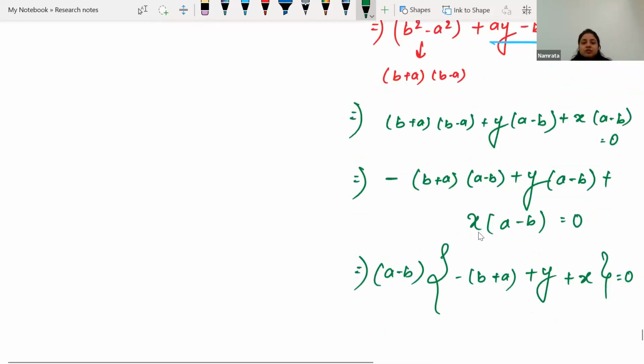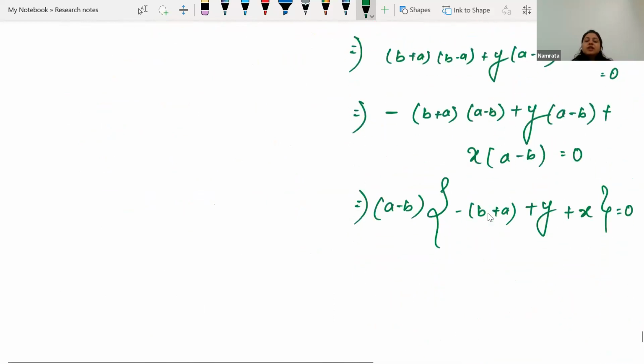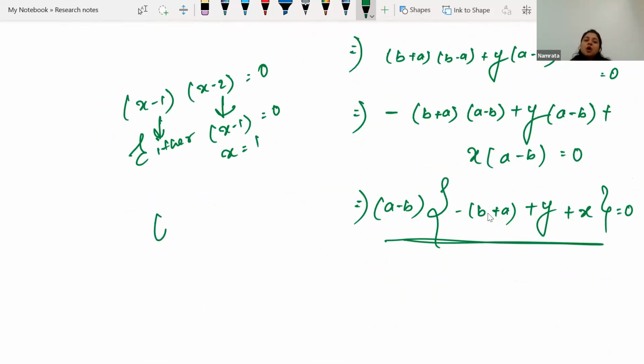Now what we wanted to prove? We wanted to prove that x plus y. So whenever we are having this type of factor, in the quadratic equation chapter you have seen whenever we have (x minus 1)(x minus 2) is equals to 0, we say either this one is 0 or this one is 0. Either x minus 1 will be 0, which will give us x is equals to 1, or x minus 2 will be 0, which will give us x is equals to 2.